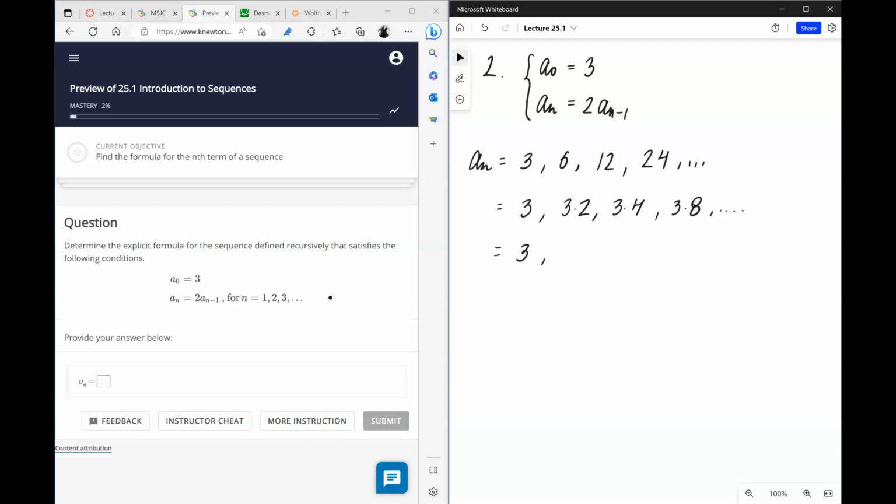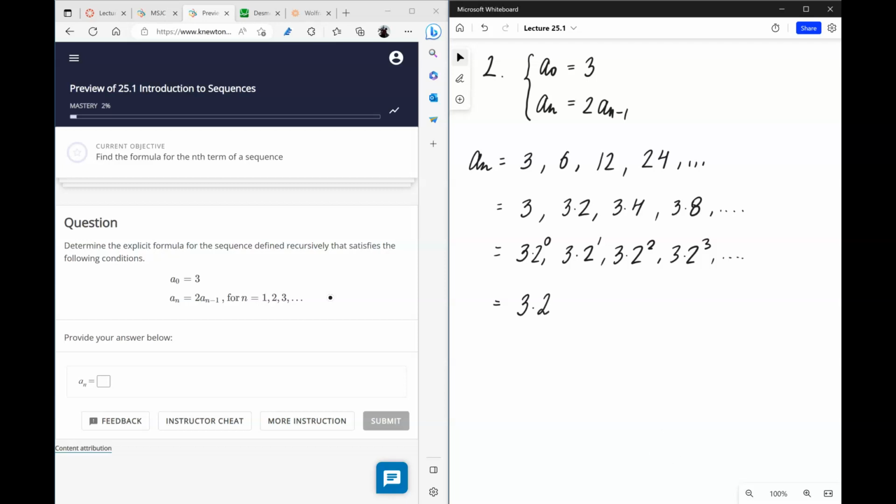We have 3 times 2, so if we write 3 times 2 here, it's going to be 3 times 2 to the power 0, 3 times 2 to the power 1, 3 times 2 to the power 2, 3 times 2 to the power 3, and so on. So this seems to be the pattern, and we're going to summarize this pattern by writing it like this.